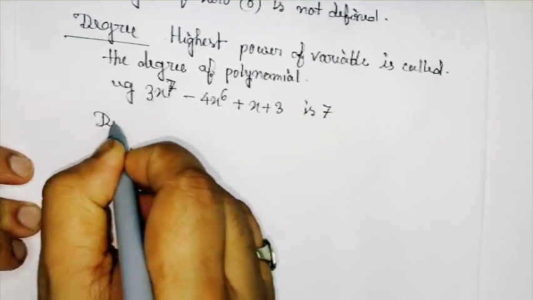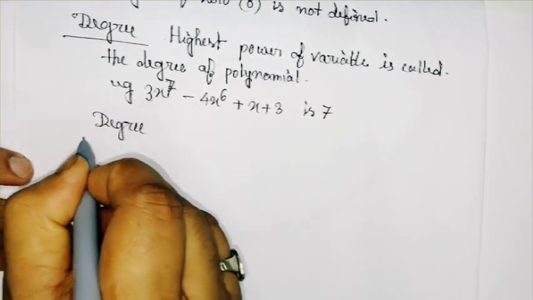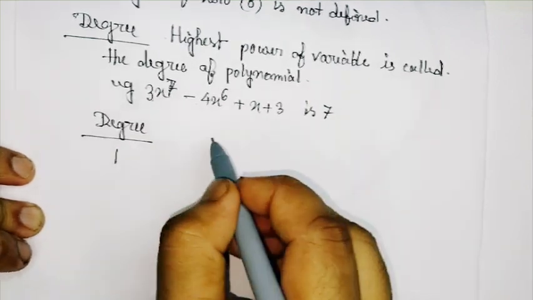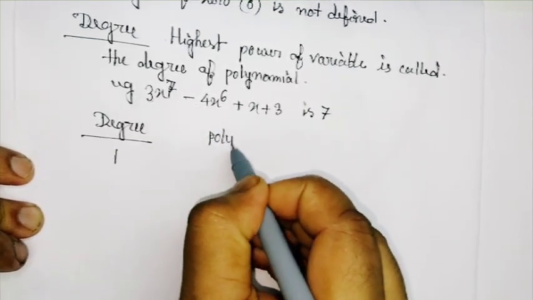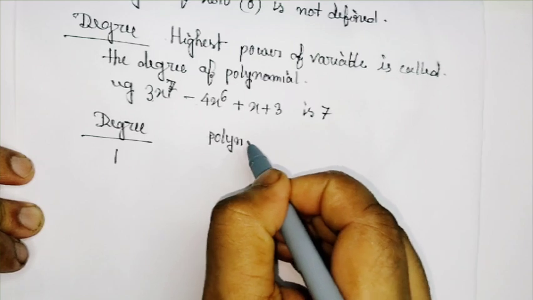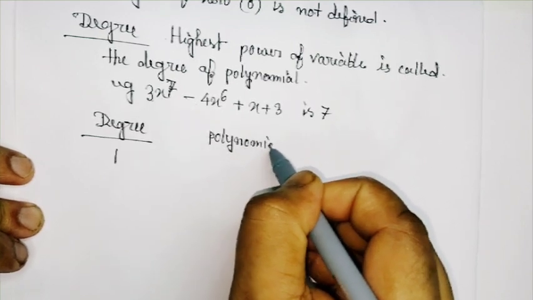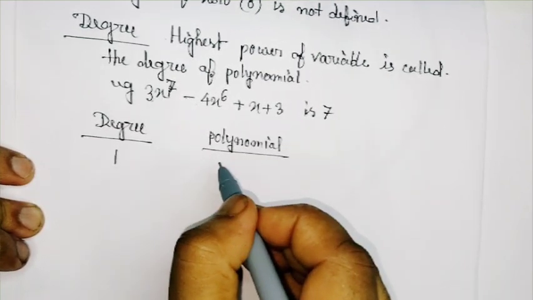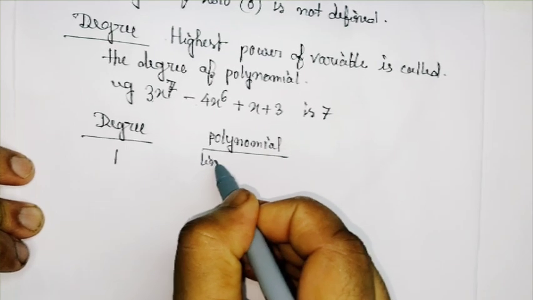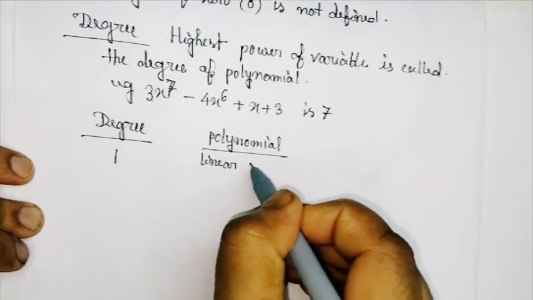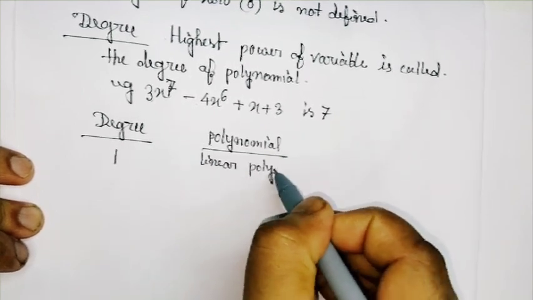Suppose the degree is 1. A degree 1 polynomial is called a linear polynomial.